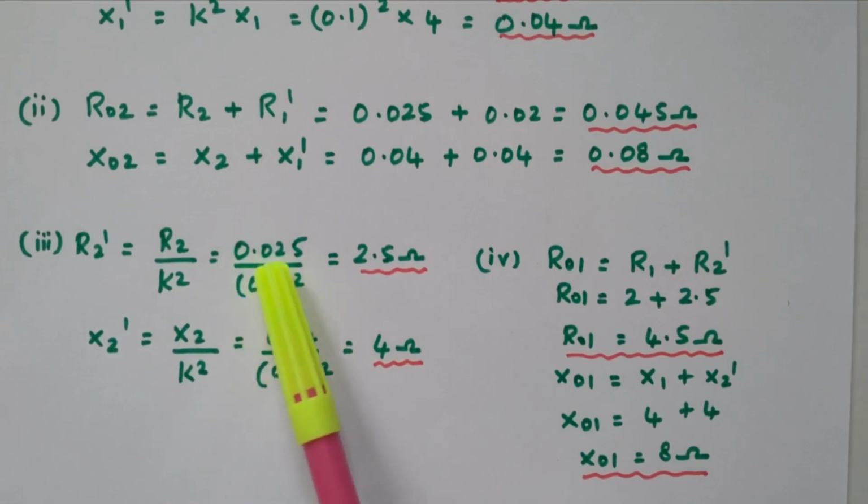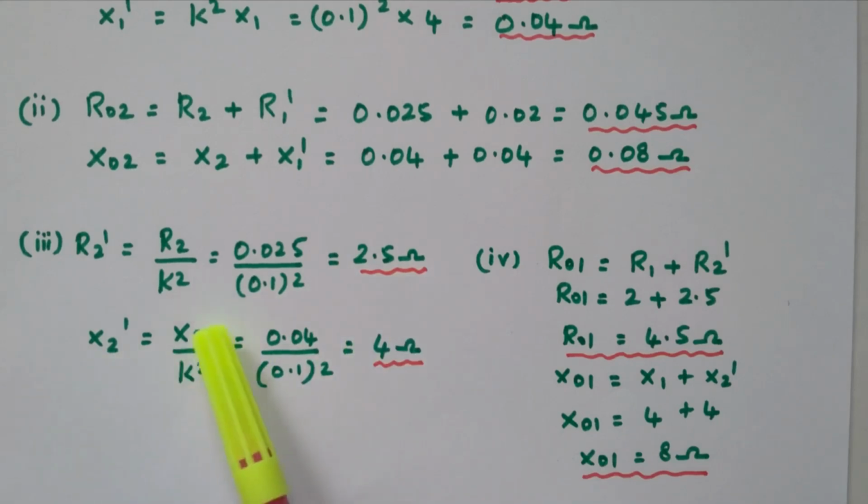So 0.025 divided by 0.1 square is 2.5 ohm. Similarly, X2 dash equal to X2 divided by K square, 0.04 divided by 0.1 square, is 4 ohm. So these two are the equivalent resistance and reactance of the secondary while transferring to the primary side.